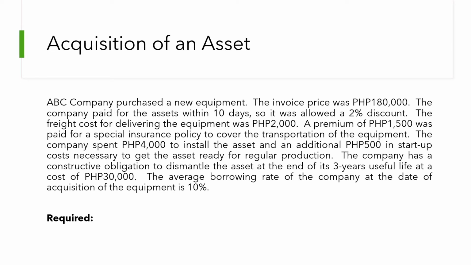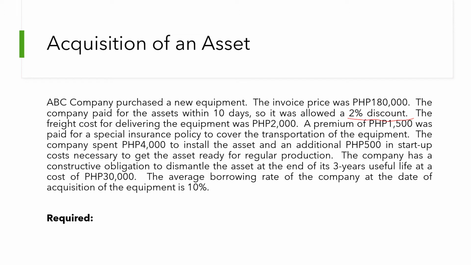Let's look at this example problem. ABC company purchased a new equipment and the invoice price of that equipment was 180,000. The company paid for the assets within 10 days, so it is allowed a 2% discount.